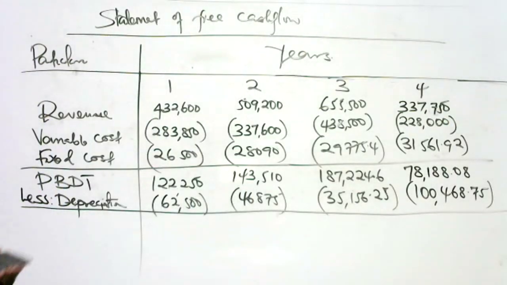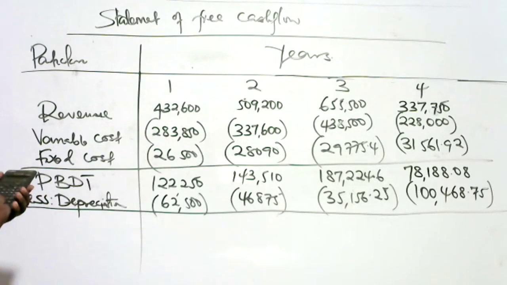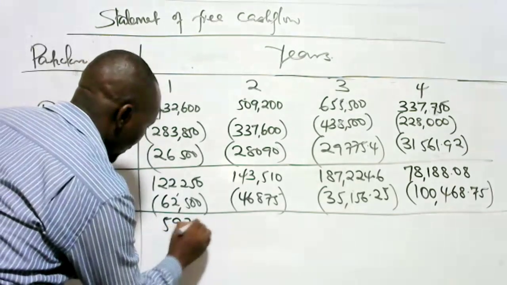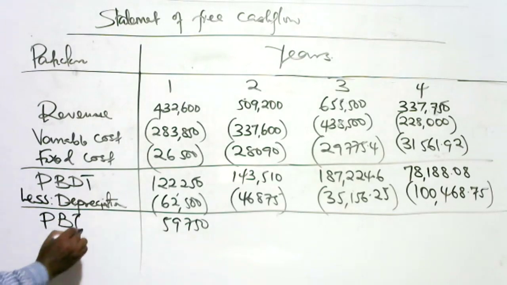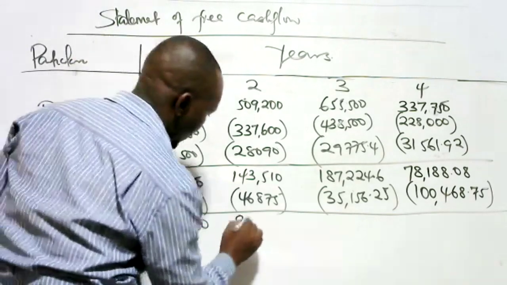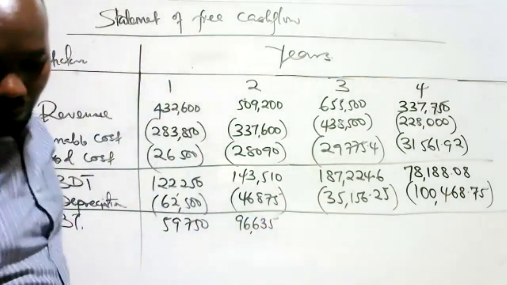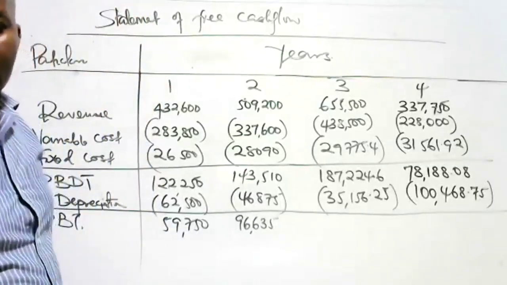What are you getting? Again, kila mtu achukue yake the way they were. I'm starting with mine. Year 2, 96,635. Let's proceed.